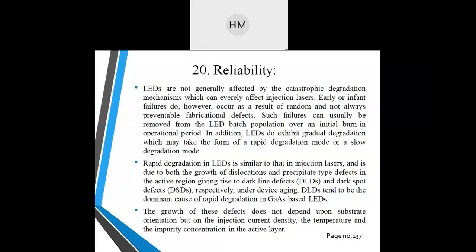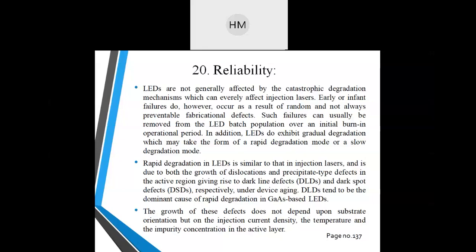There we have defined 2 types of degradation. Gradual degradation. Catastrophic degradation is a mechanism which can severely affect injection lasers, but such failures can usually be removed from LEDs. In addition, LEDs do exhibit gradual degradation, which may take the form of a rapid degradation mode or a slow degradation mode. Our LEDs do not fail quickly; they move towards gradual degradation.